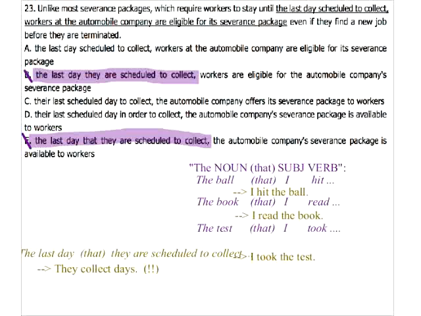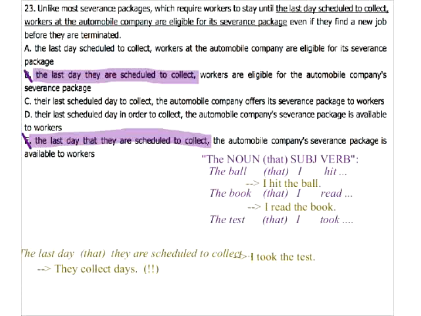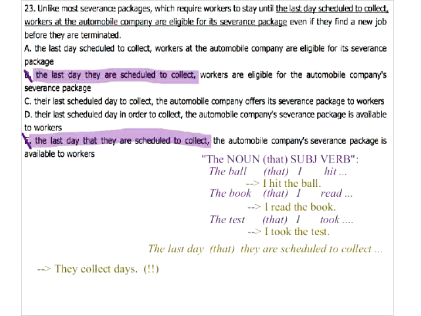Okay, so move this up there a little bit. Alright, this would mean I took the test. One thing you want to be careful of that looks like this that's different is the following.